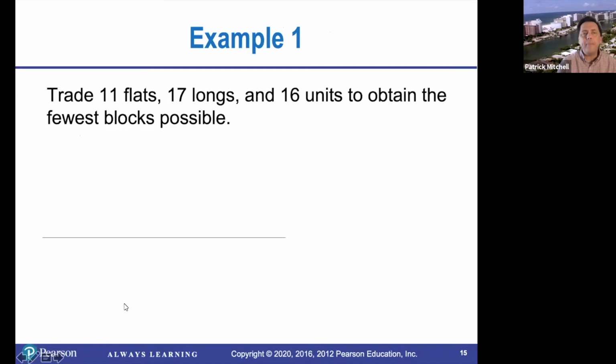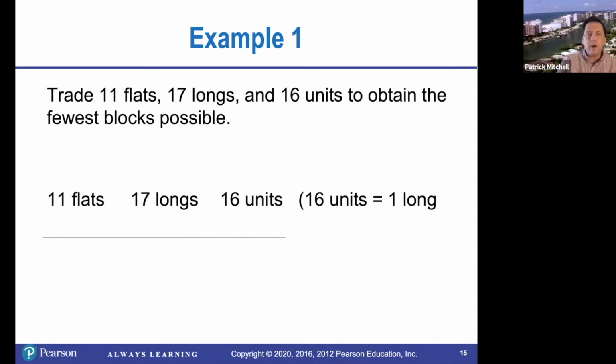So in this example, we're going to trade 11 flats, 17 longs, and 16 units to obtain the fewest blocks possible. This is an exercise that you can do to help children understand the concepts of carrying in addition and borrowing in subtraction. So I start with 11 flats, 17 longs, and 16 units.